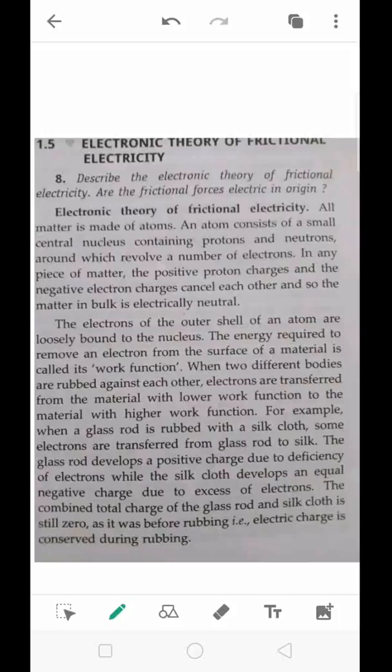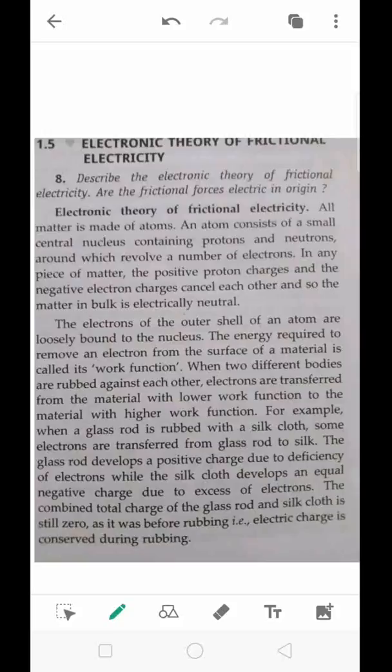So, from which surface to which surface are electrons transferring? From the object having lower work function to the object having higher work function. The glass rod has lower work function and the silk cloth has higher work function. That is the reason why electrons are transferring from the glass rod to the silk cloth. The one which is losing the electrons will become positively electrified and the one which is gaining the electrons will become negatively electrified.